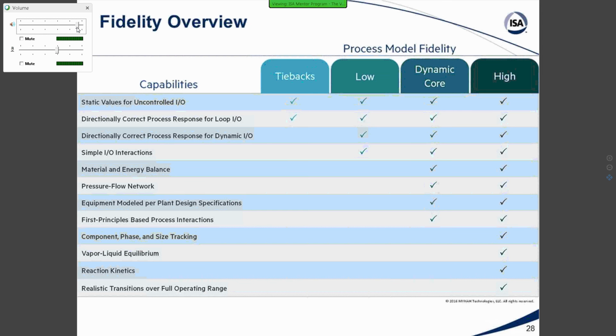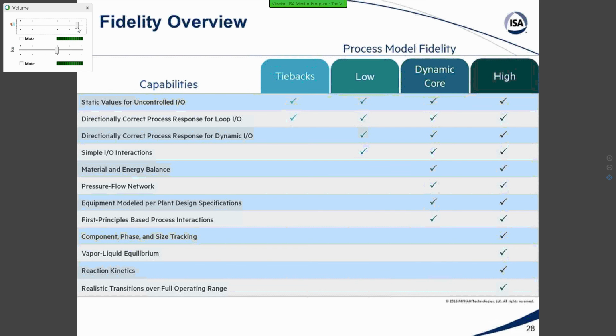This will be our last look at this chart, but on the far right side we have a high fidelity option here, where we start adding in the things I was talking about, from reaction kinetics to vapor liquid equilibrium, or component and phase size tracking, and even handling some of the transitions of the process, maybe through full startup and shutdown.